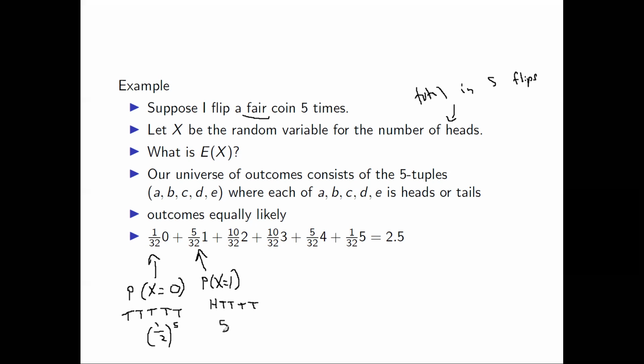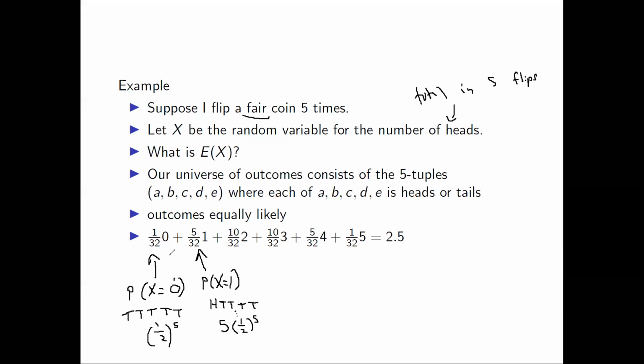So there's going to be a total of 5 of these. So we'll get 5 times 1/2 to the 5th, and that's 5 over 32. So that's why we got 5 over 32 up here next to the 1.